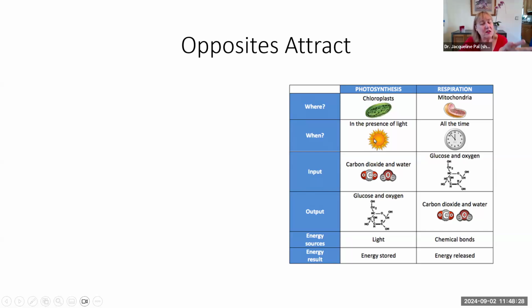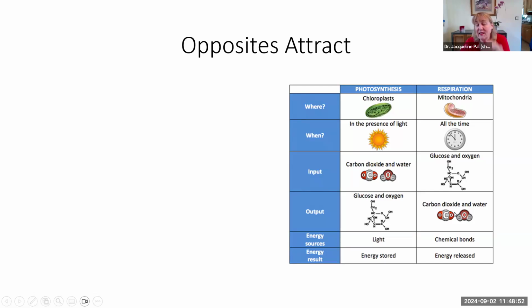So these are opposites. The plants, photosynthesis, and the chloroplast; cellular respiration, and the consumers of the mitochondria. Plants can only do this when there's light, but animals, we do this 24/7 because we are not light dependent. Plants need carbon dioxide and water, as well as their solar energy. Animals, we need glucose and oxygen. The waste products in plants are glucose and oxygen.